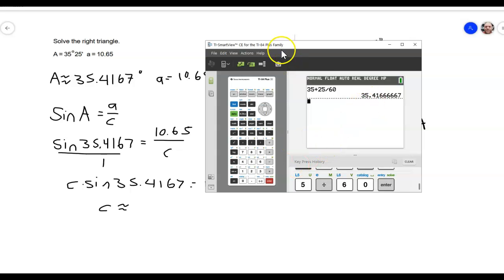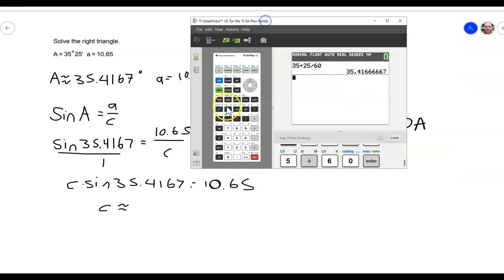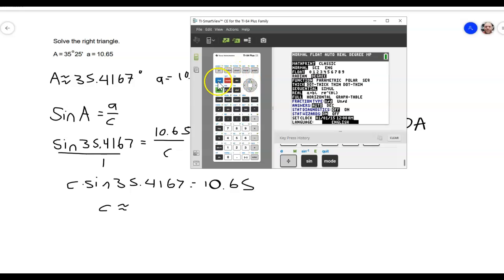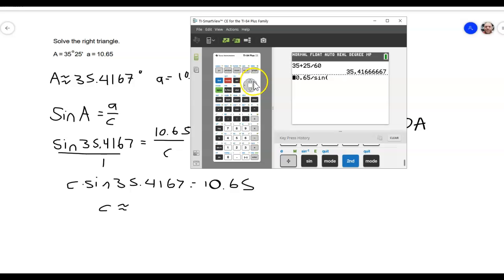10.65 divided by the sine of 35.4167. Let me make sure I'm in degrees, which I am.